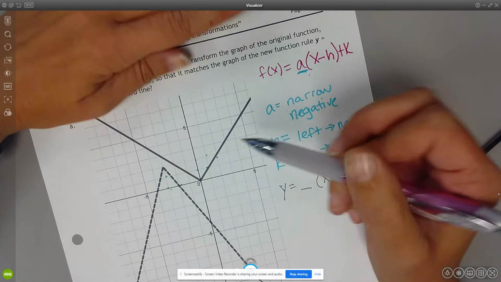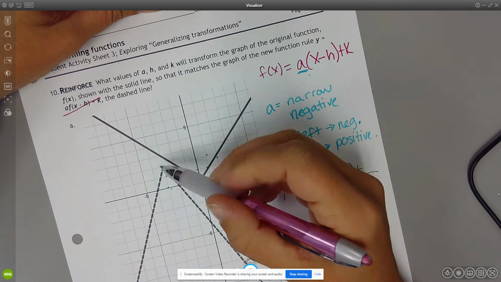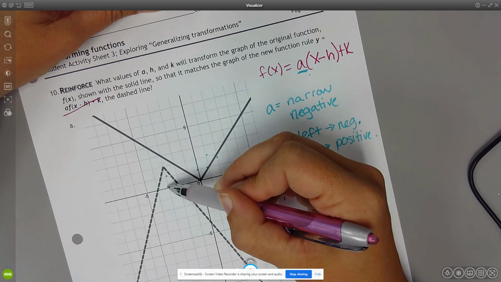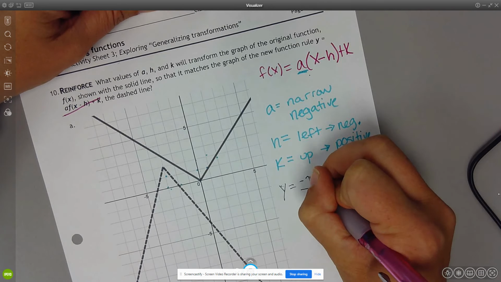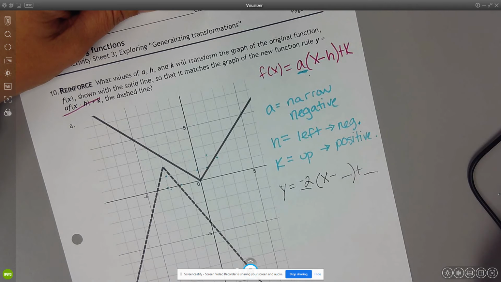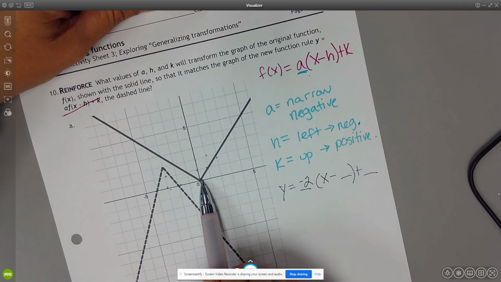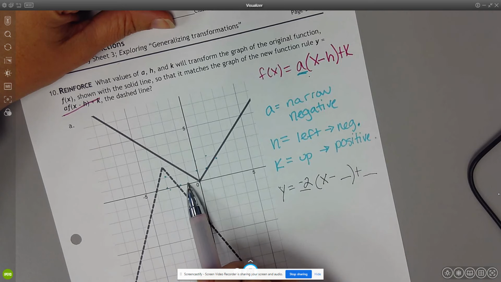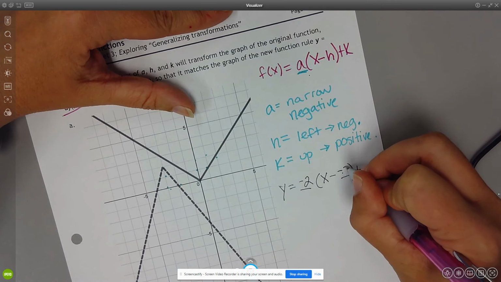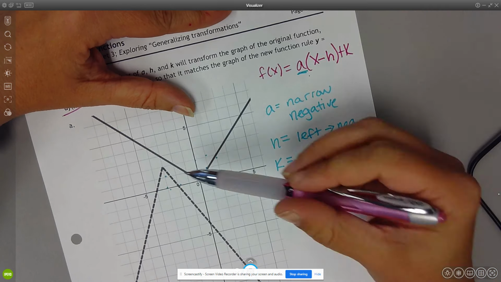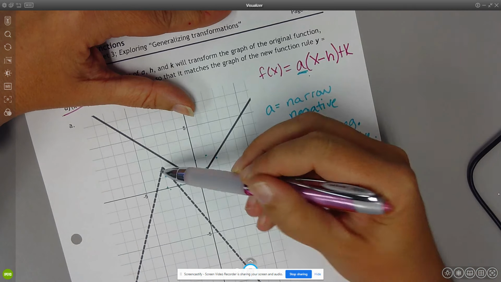So here it went 1 to 1. Here it went negative 2 to 1. So we're going to call this a negative 2. Then I'm going to look at where it shifted over. It shifted over 1, 2, 3. So inside, we're going to call that negative 3. And then it shifted up 1, 2, so it's going to be plus 2.